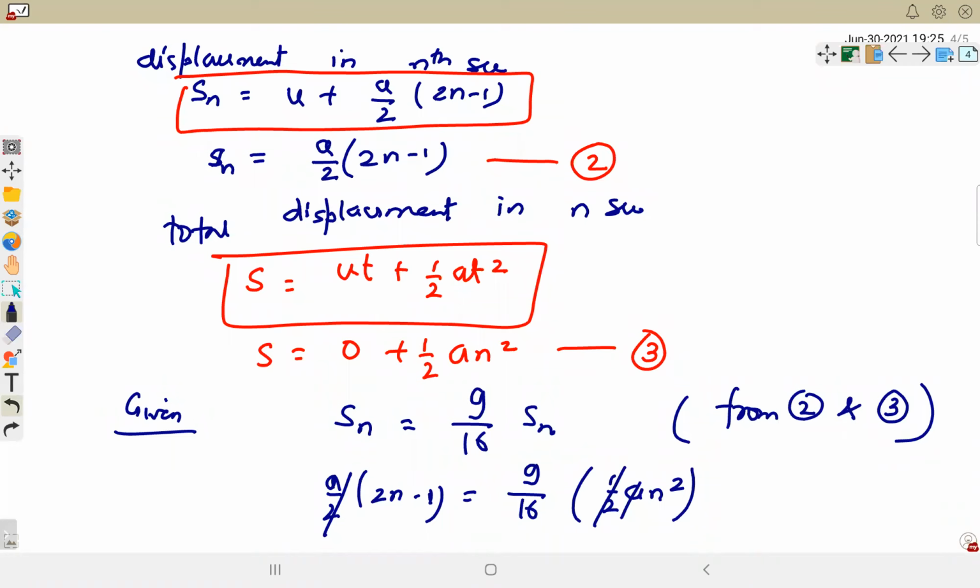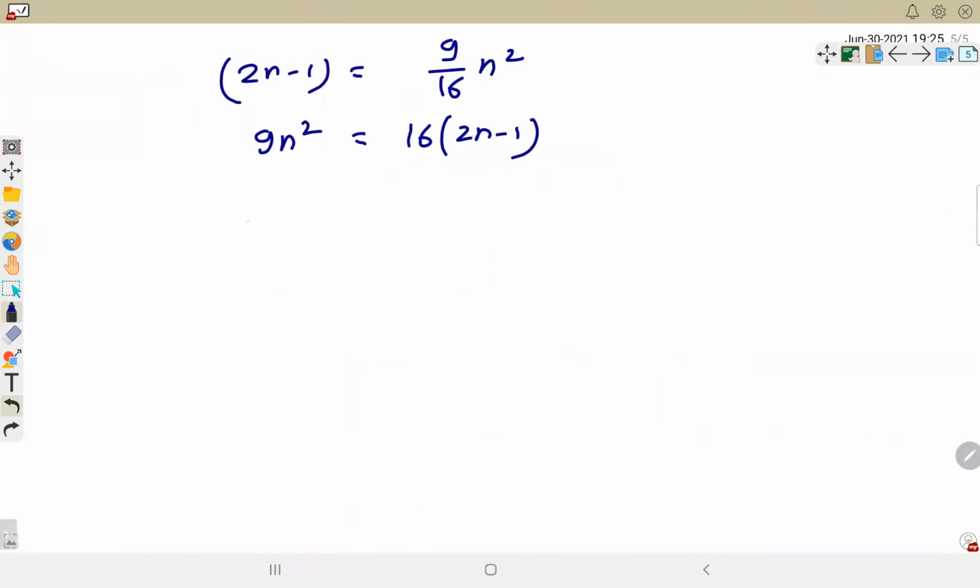Yes, what is the value of n? So 4. Right, so we can solve this by middle term splitting also.